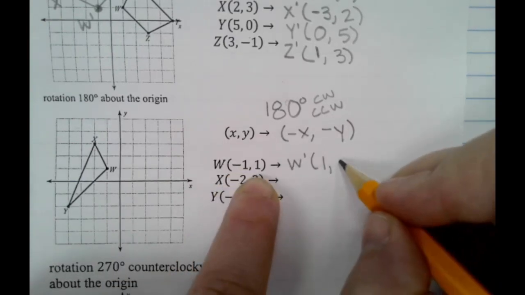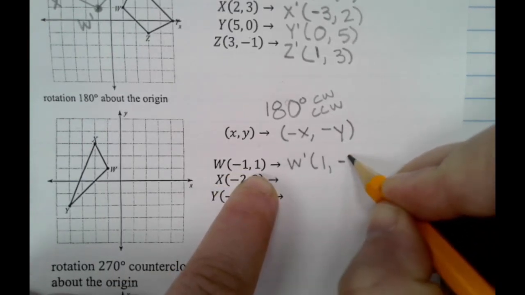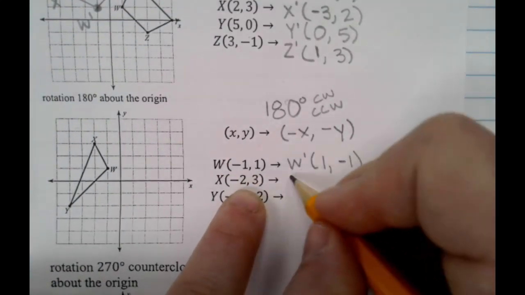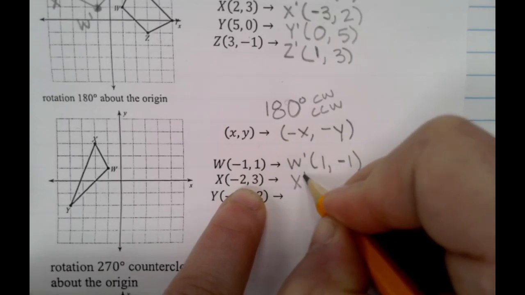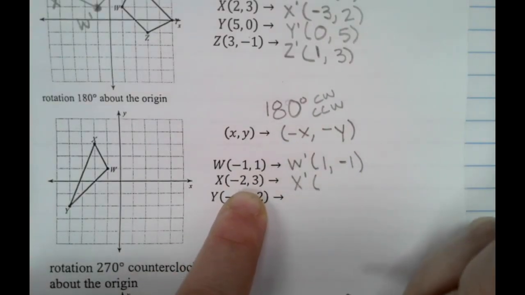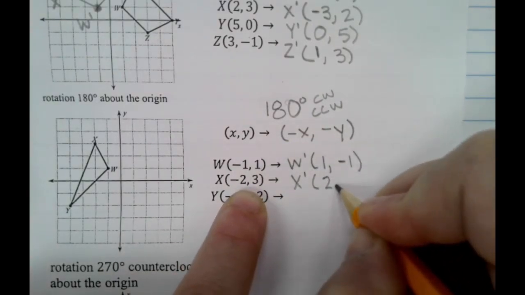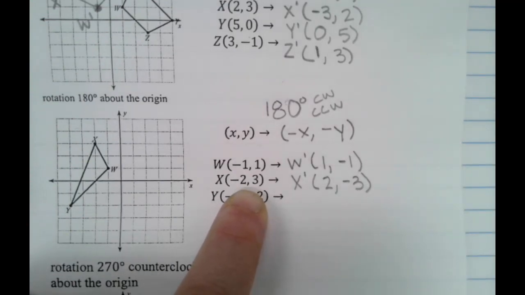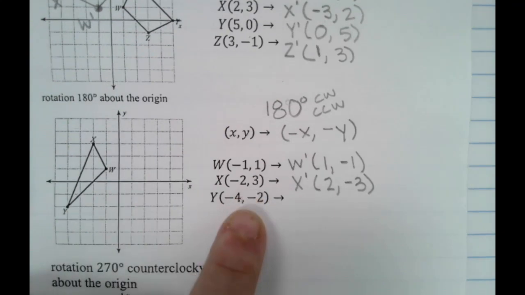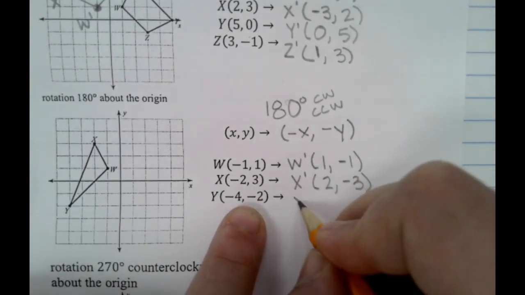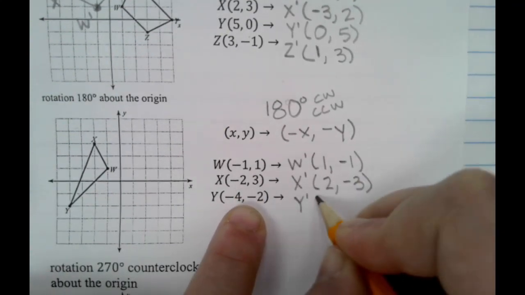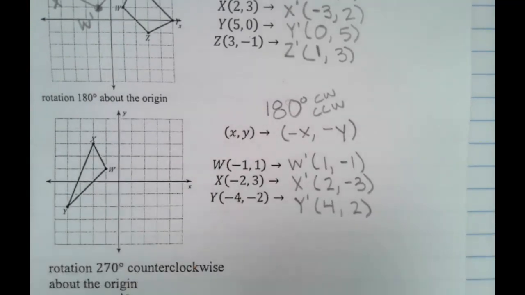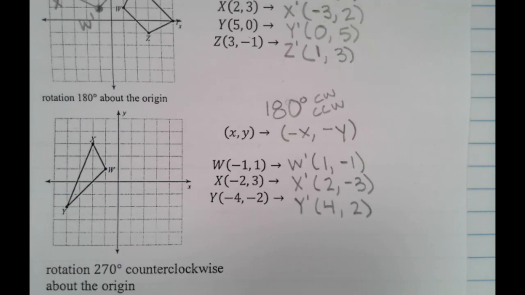Instead of positive 1, negative 1. X prime, instead of negative 2, 3, positive 2, negative 3. And Y prime, instead of negative 4, negative 2, positive 4, positive 2. And once we have those points, we just plot them on our graph.